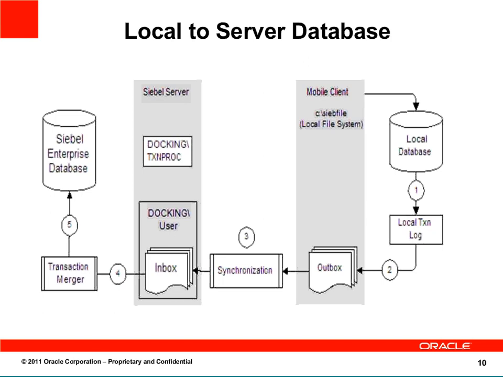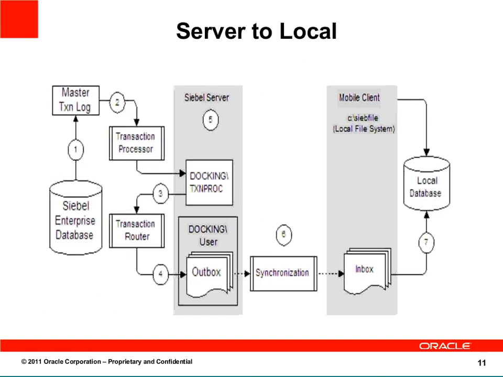The next slide is just a brief introduction to what happens in the opposite direction. The changes are sent from the server to local. All the changes in the Siebel database server are recorded in the master transaction table. The table is called S_DOCK_TXN_LOG. After all the updates, deletes, and inserts are made in the Siebel database server and put in the master transaction log, the transaction processor will read this master table and create all the generic DX files in the docking txnproc folder.